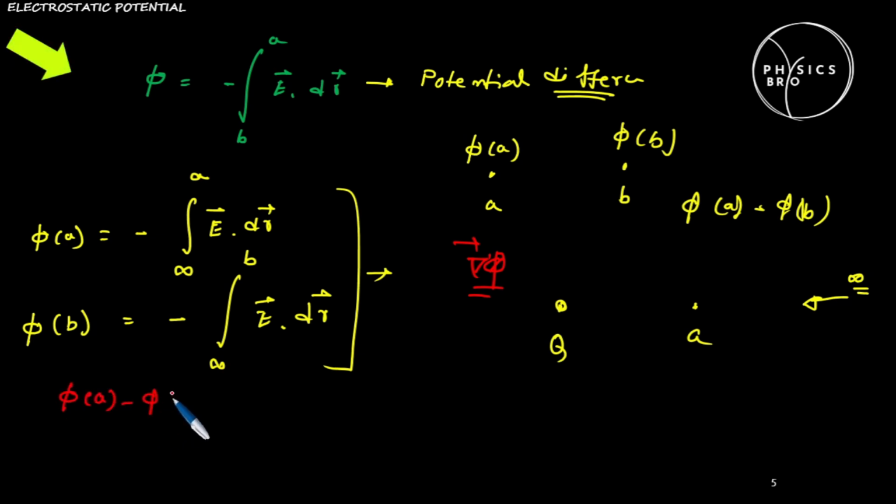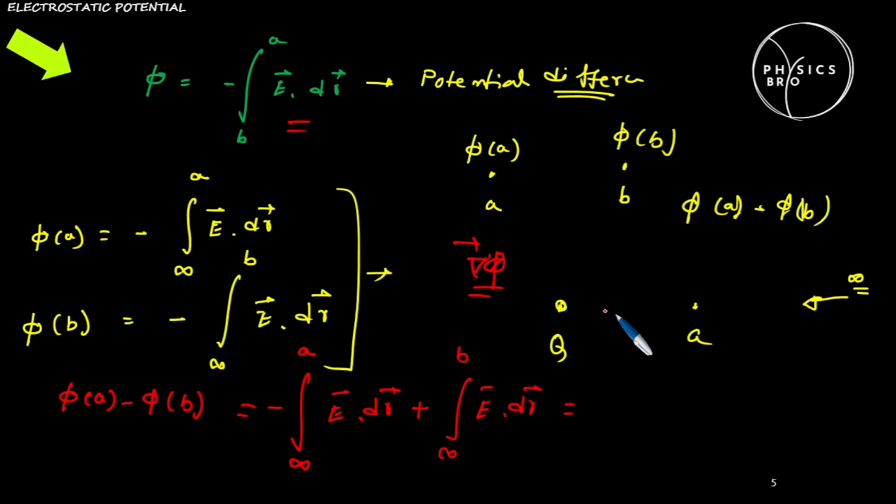Phi A minus phi B. Let's see if we can go back to this one. So phi A is minus the integral from infinity to A of E dot dr, minus, there is a minus and there is a minus, so there comes a plus, the integral from infinity to B of E dot dr. We can write this in a different form: if there is a minus, then we can change the limits.